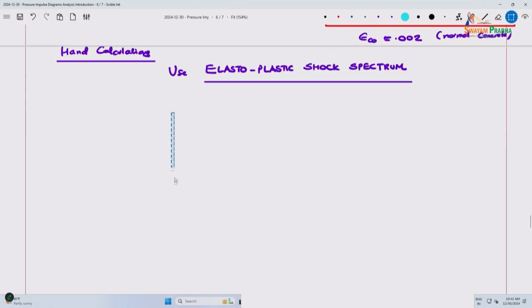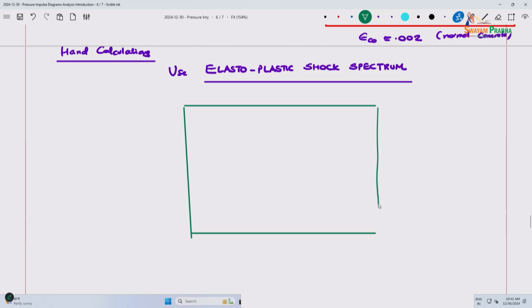So you have here the x-axis and the y-axis, and there are also 2 other axes that are representing the same thing. The x-axis is delta dynamic by delta static, just like you had in the elastoplastic.